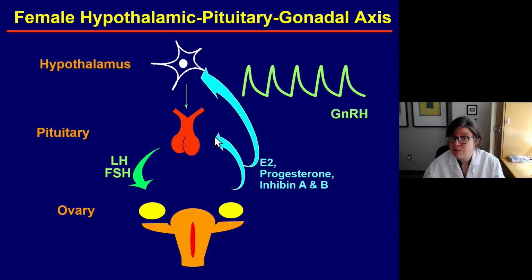Most of the time you get negative feedback, except in the middle of the cycle where it's a feed forward. And I'm going to show this on the next slide. And when we think about patients with menstrual disorders, we want to remember that there can be a problem at the level of the hypothalamus, the pituitary, or the level of the ovary or uterus.